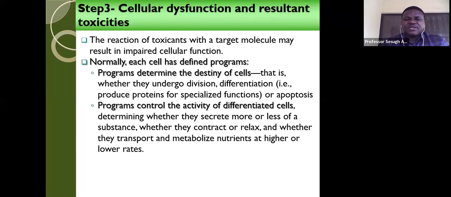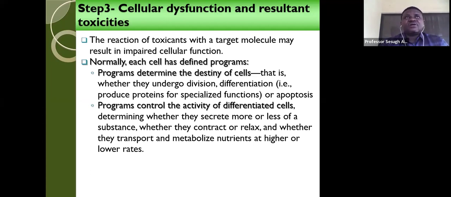Then you have step 3, which has to do with the dysfunction and resultant toxicities. Like we said, once the reaction takes place, the next thing that follows is injury. So the third step is the injury, the toxicity that takes place in that organ.